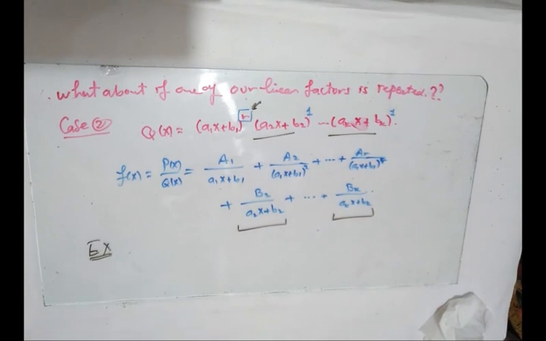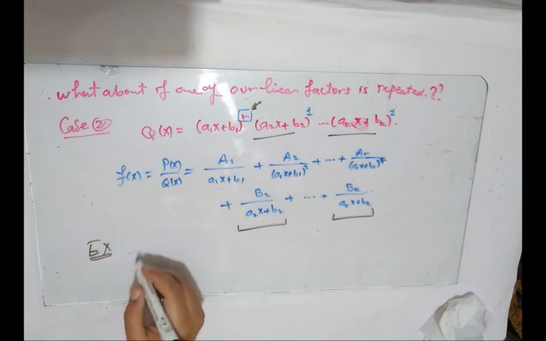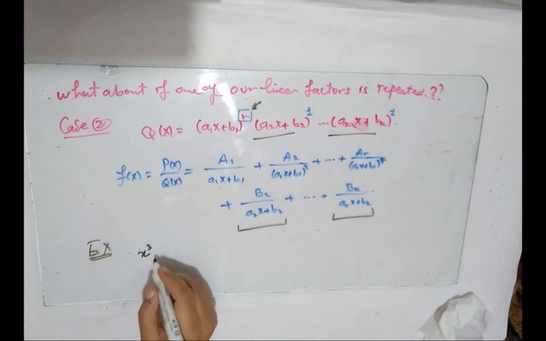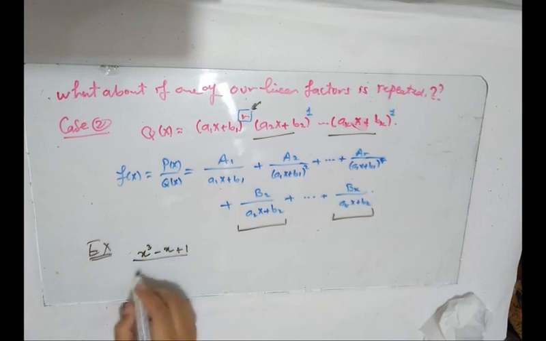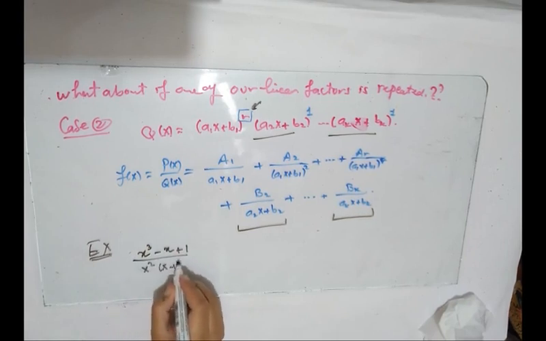So, example. If you have this rational function, which is x cubed minus x plus 1 over x squared times (x minus 1) all cubed.